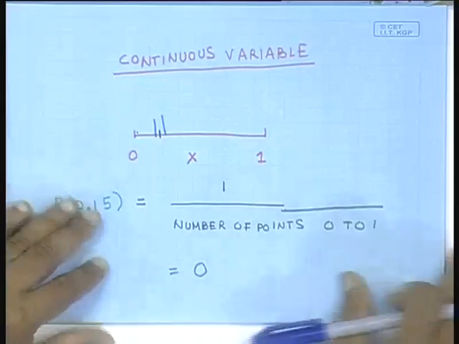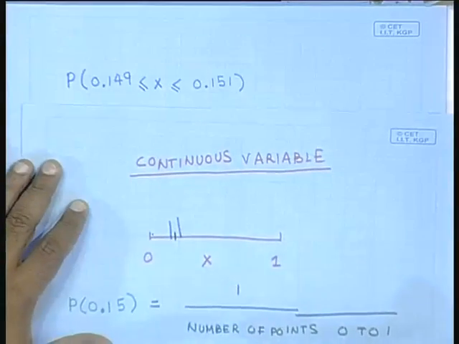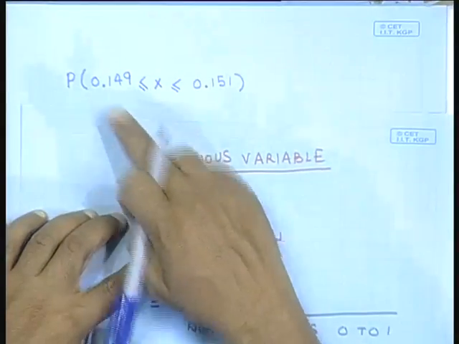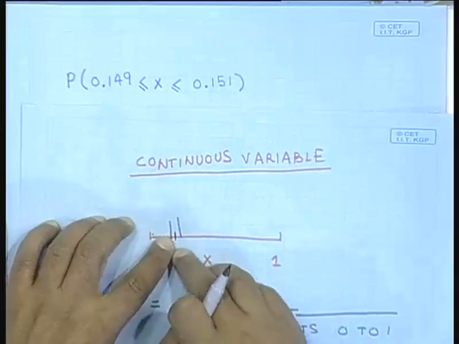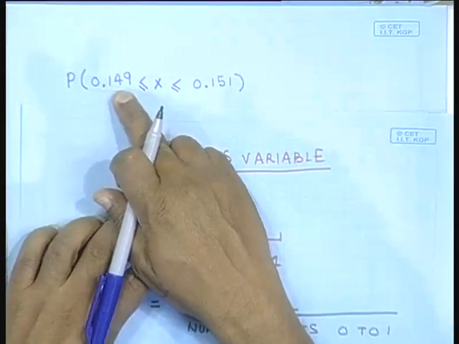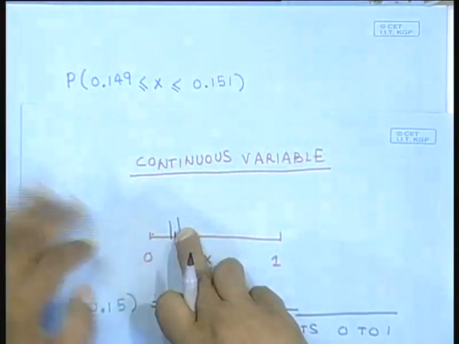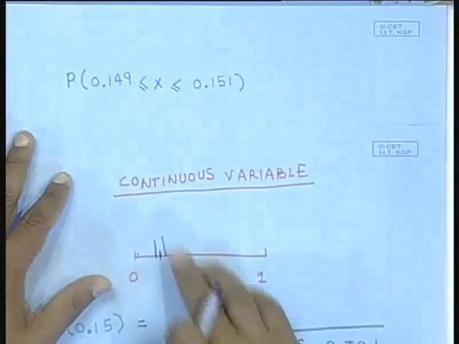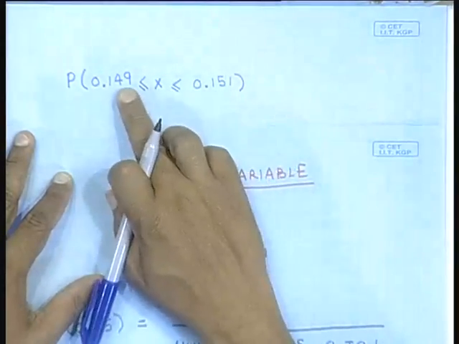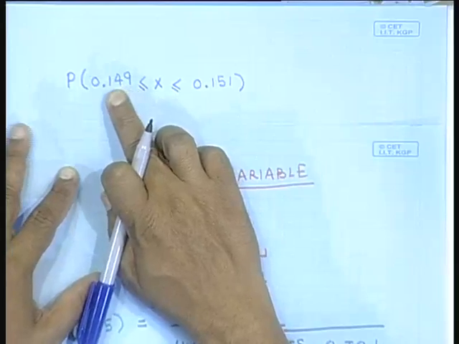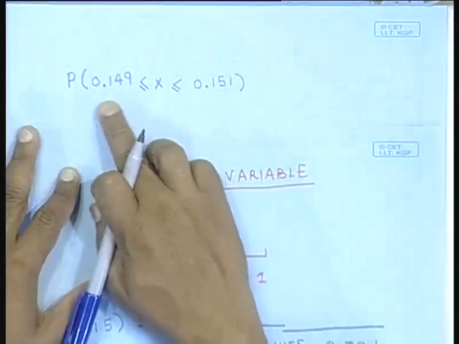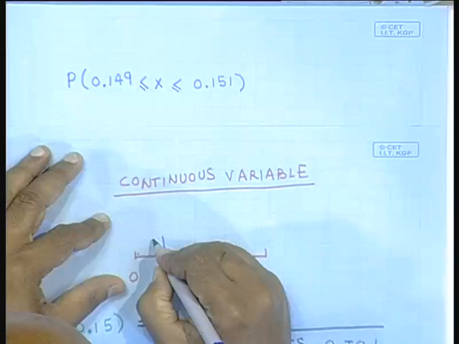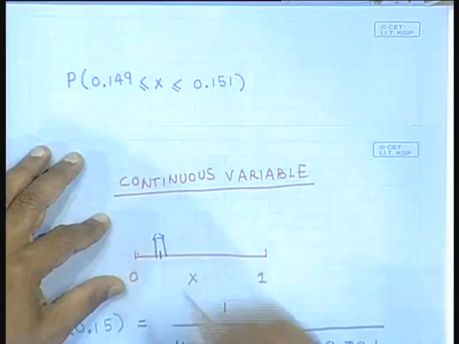The question that we have asked is, what is the probability that the particle is found in the range 0.149, which is very close to the point 0.15, and 0.151? The question we are asking is, what is the probability that the particle is somewhere in this range.